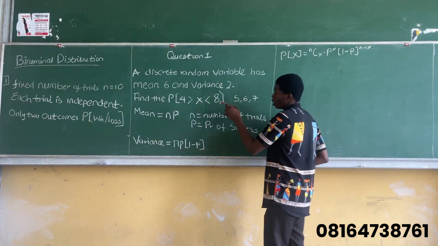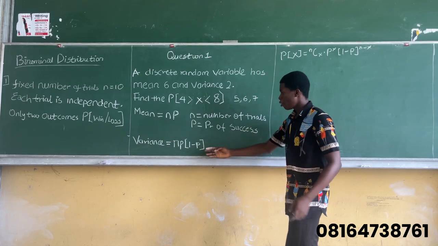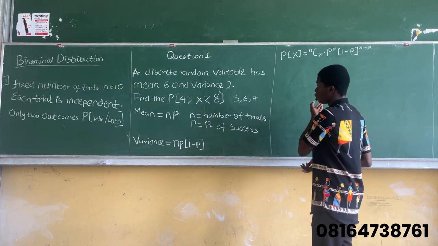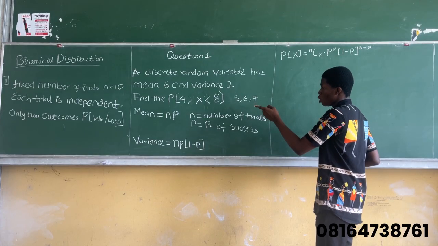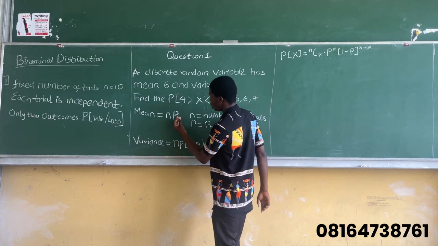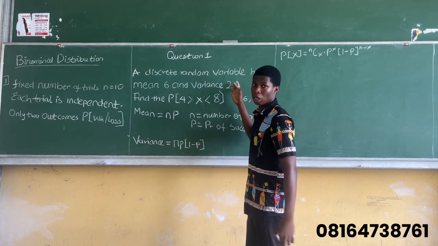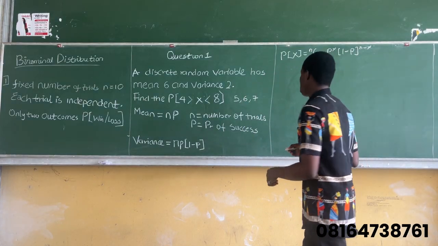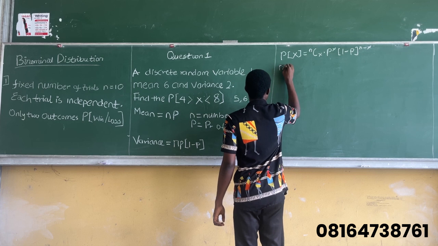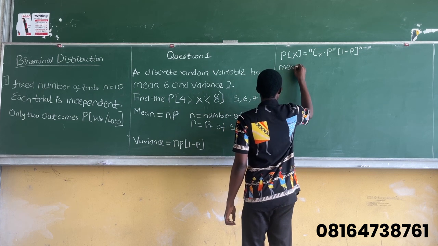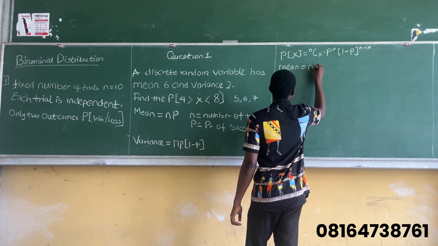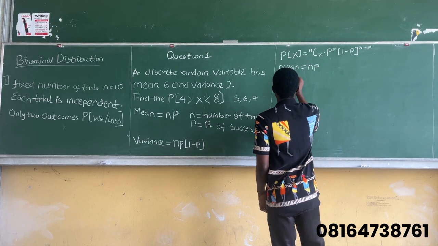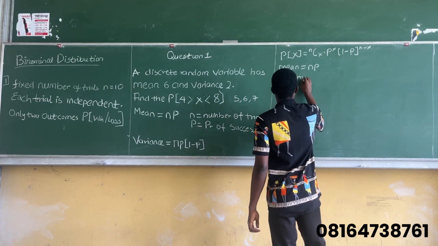They said the mean is 6 and the variance is 2. So we'll use our formulas to work out this problem. We will be tasked to find the probability of you succeeding, as it was not given. So let's work out the probability of you succeeding. Mean is equal to np, so we'll say 6 is equal to np.